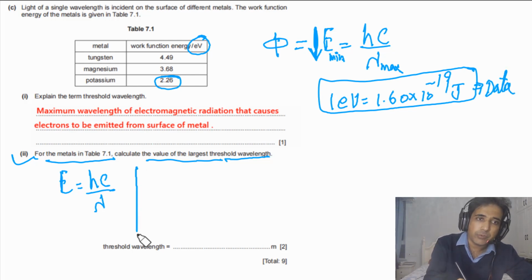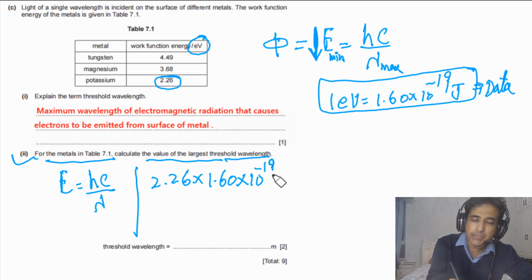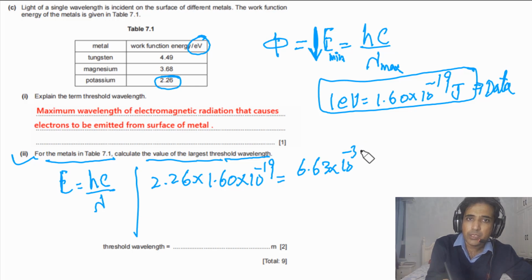Now we can plug in values. E is 2.26 times 1.60 times 10 to minus 19, and the value of h, Planck's constant, is 6.63 times 10 to minus 34, and c is 3.0 times 10 to 8.